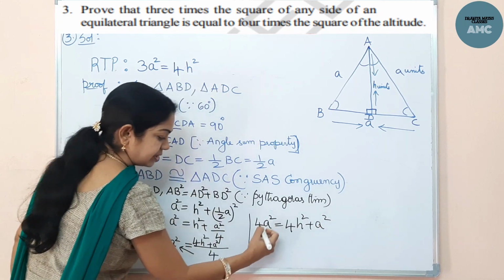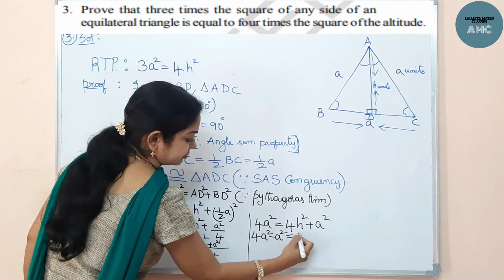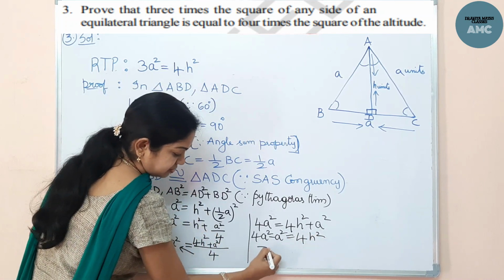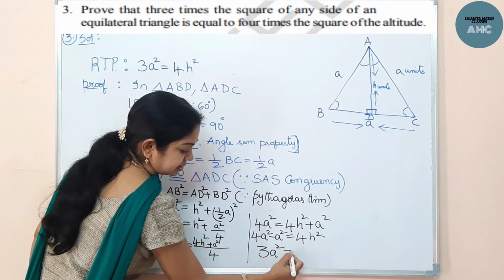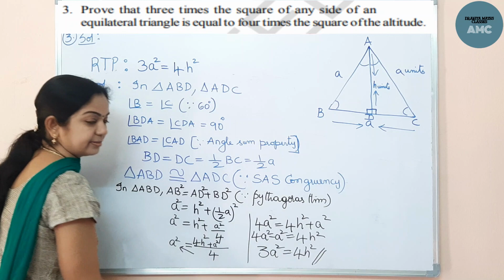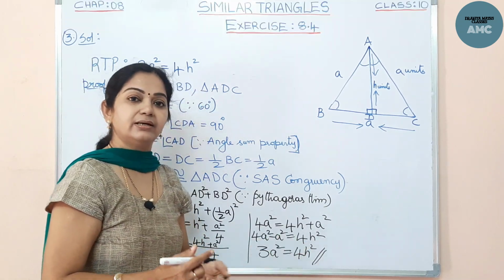So bring this A square to this side. So that becomes 3A square is equal to 4H square. So hence proved. 3 times the square of the side is equal to 4 times the square of the altitude.